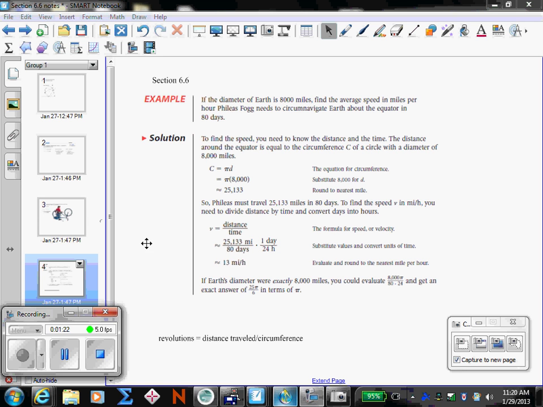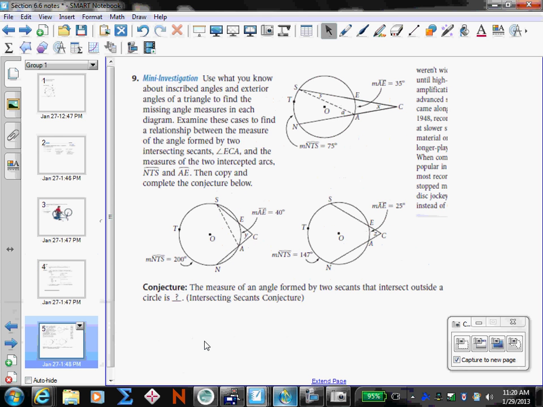Okay, another thing that I want to talk about today is another mini investigation where there are two secants that intersect outside of a circle. And in this case, up here you can see angle X is formed.